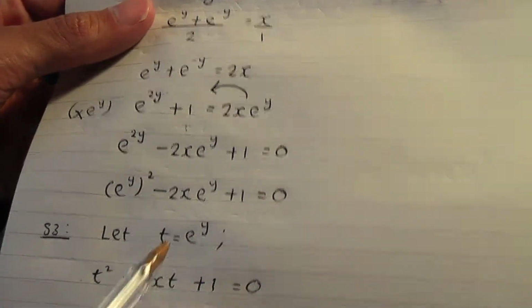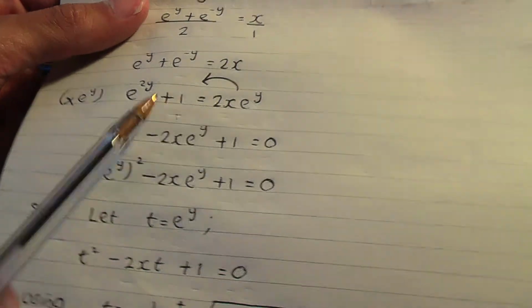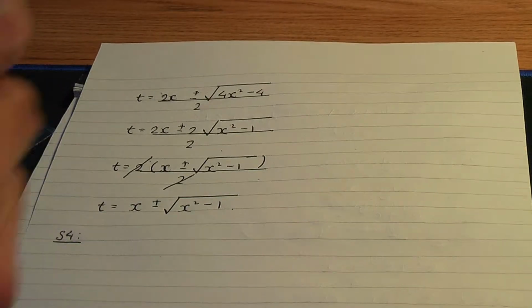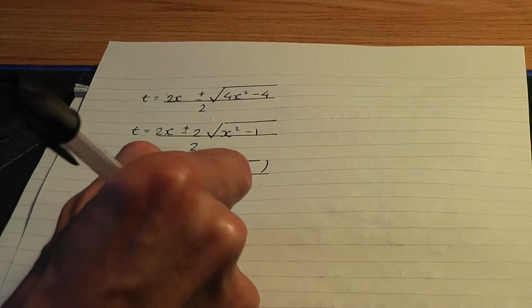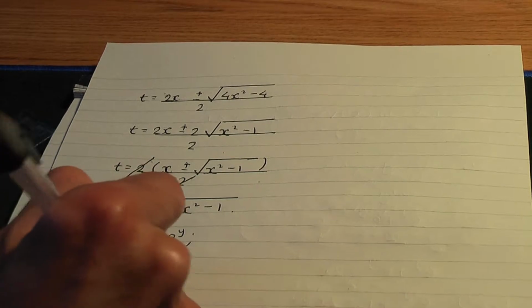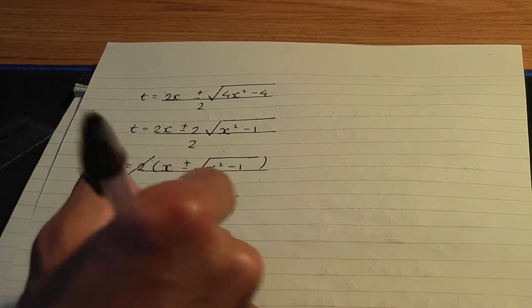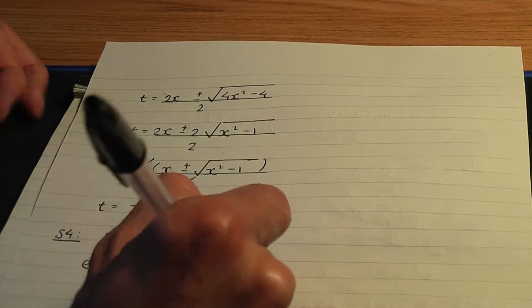So if we go back to the previous page, remember t is e to the y, so let me replace the t by e to the y. So since t equals e to the y, that means e to the y will be x plus or minus square root x squared minus 1.